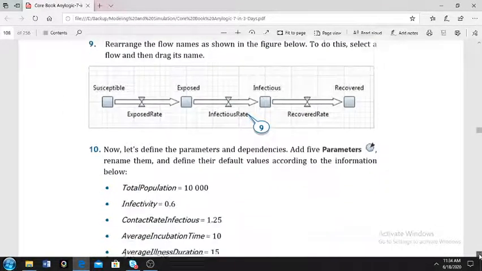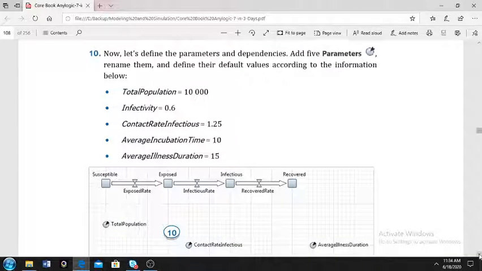So you build the model progressively, and here parameters. Effectivity, we say, is 60%. The population sample is 10,000. Contact rate is 1.25 persons per day.